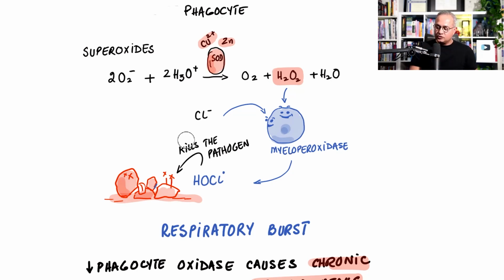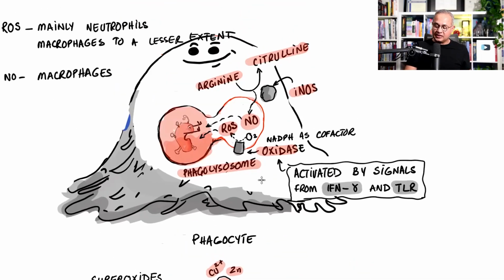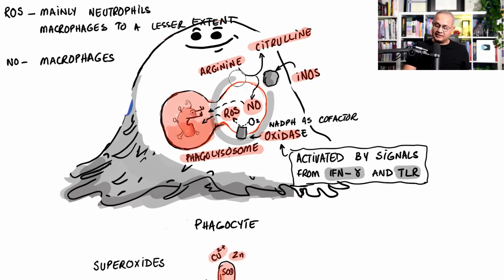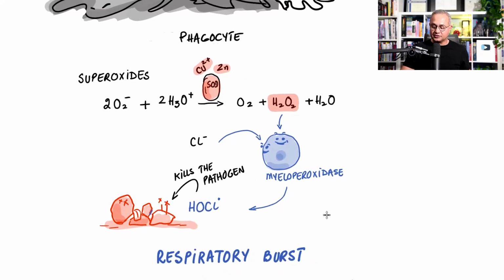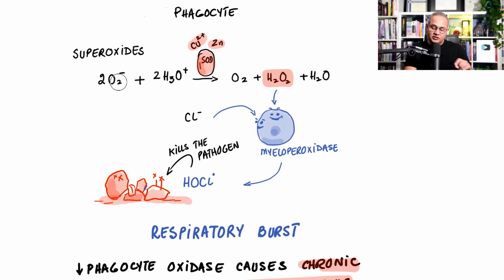So imagine we are within a phagocyte. A phagocyte is a cell that has eaten up a pathogen, and let's say we are here in this area. These chemical reactions are happening within the cell. So superoxides are picked up. Let's say these cells make superoxides.